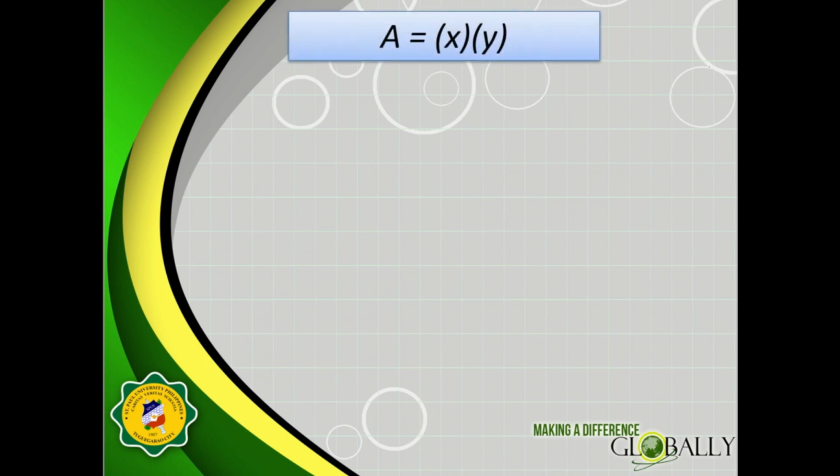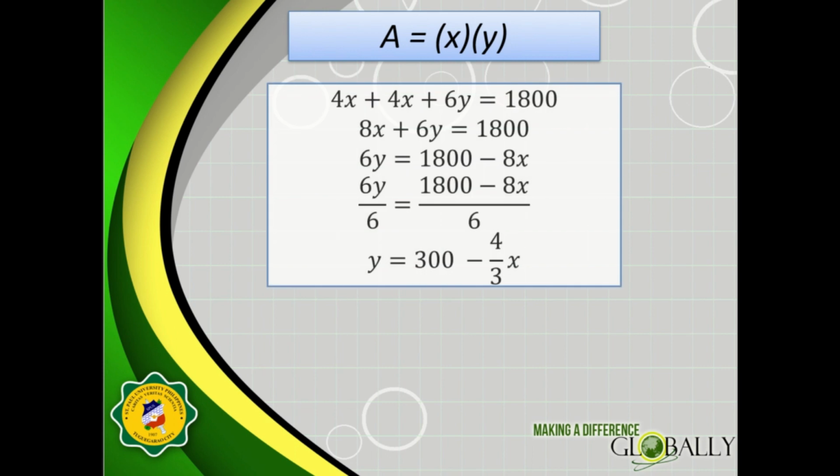So now let's express A in terms of a single variable. To do that, we solve first for y in terms of x and substitute the value into the first equation, A is equal to x times y. So we have 4x plus 4x plus 6y is equal to 1,800, and then we add the like terms, which is 4x and 4x would be 8x plus 6y is equal to 1,800.